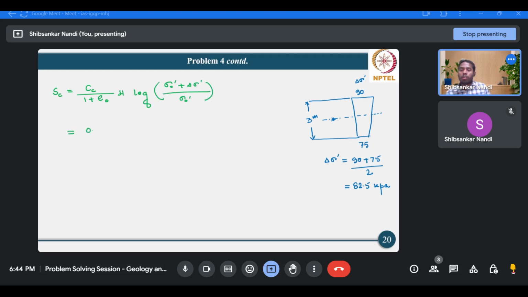Cc is 0.45, e0 value is 1.67, H is 3 meter, sigma 0 prime is 55, delta sigma prime is 82.5.